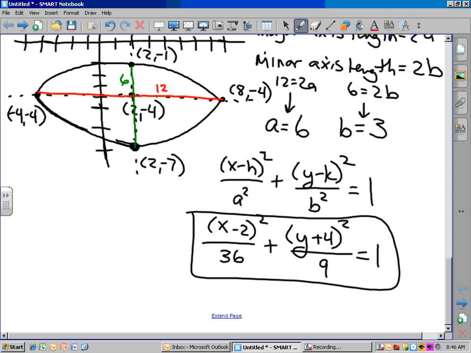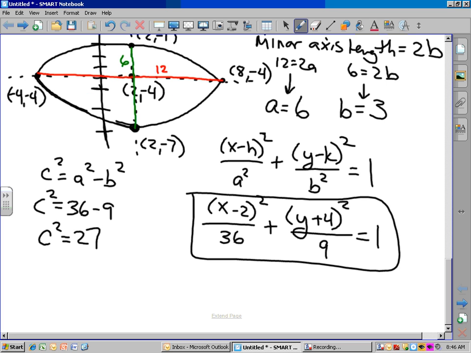What we do need to find is C, because we need the foci, right? A squared is 36, B squared is 9, so C squared equals 27. Right? So C equals plus or minus the square root of 27.